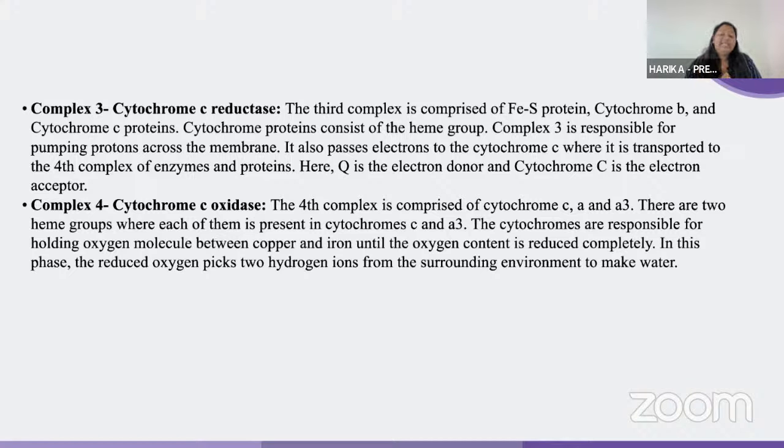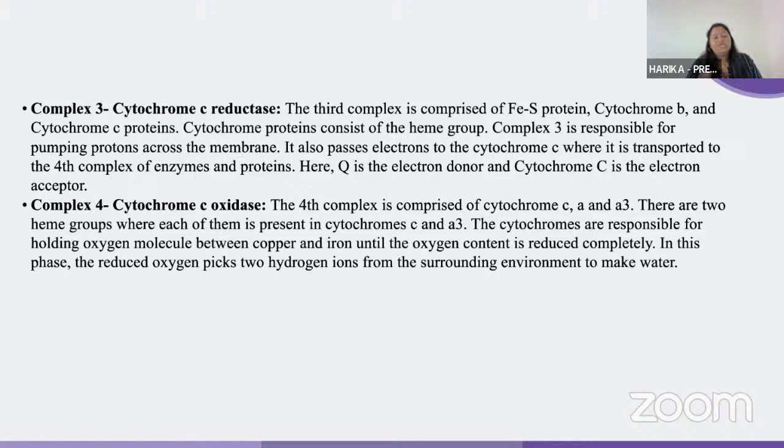Complex 3 is responsible for pumping protons across the membrane. It also passes electrons to cytochrome C, where it is transported to the fourth complex of enzymes and proteins. So Q will be the electron donor and cytochrome C will be the acceptor here.